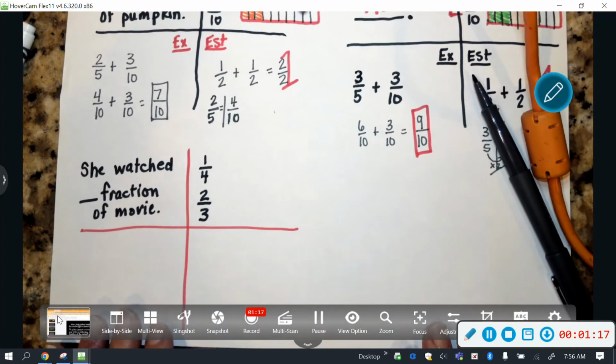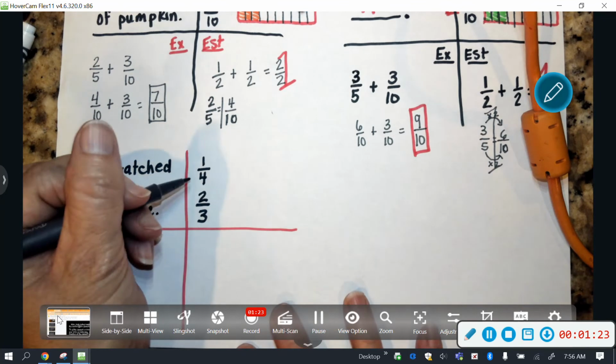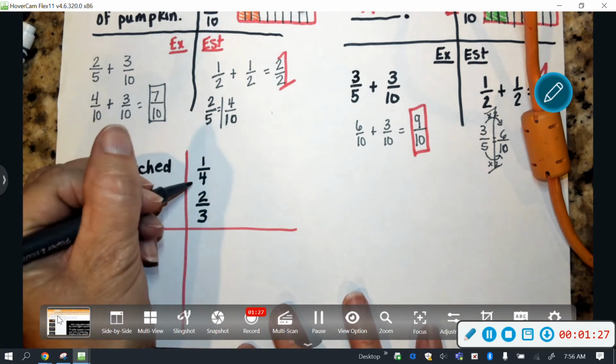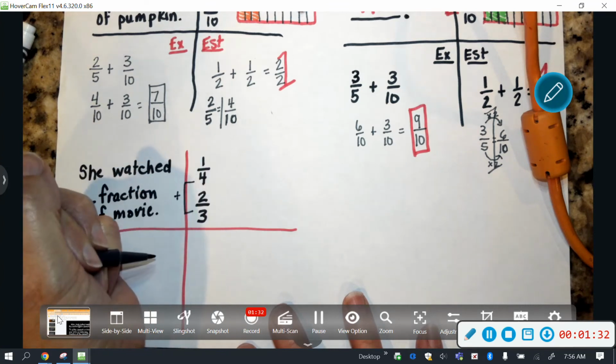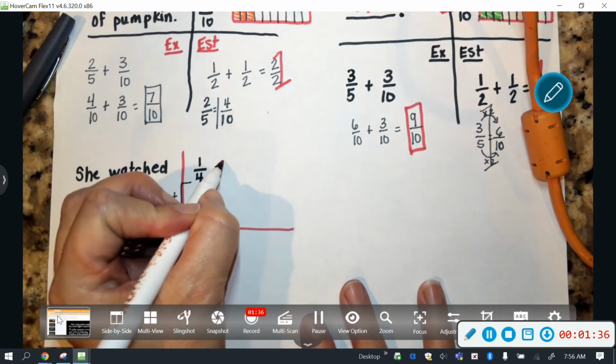So on your paper, hopefully you have this information. And so if we want to know how much before the power went out, we're going to be combining. So I'm going to draw 2 quick pictures.